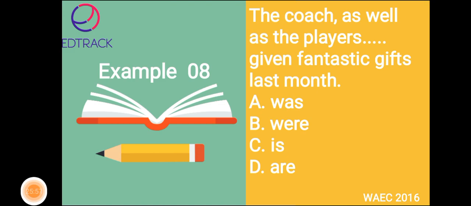Now to example number 8, the coach. I want you to take note of something here. After the subject we have a comma. We have talked about this particular rule earlier: wherever you see as well as, with, together with, what is going to determine the verb?